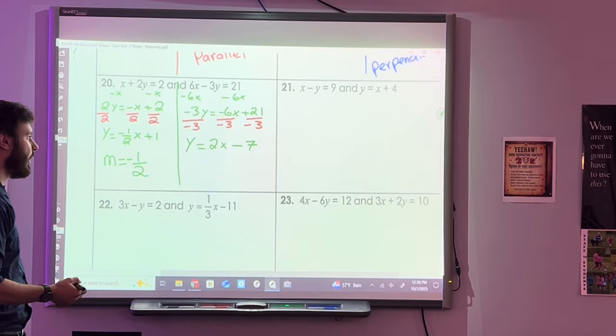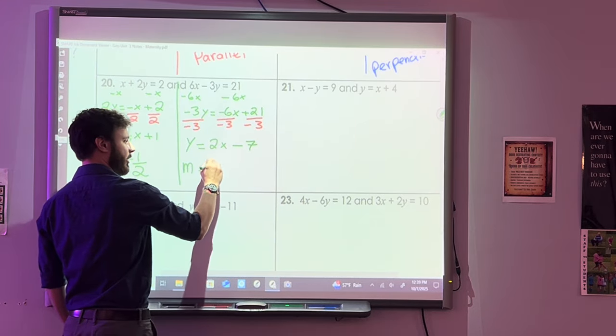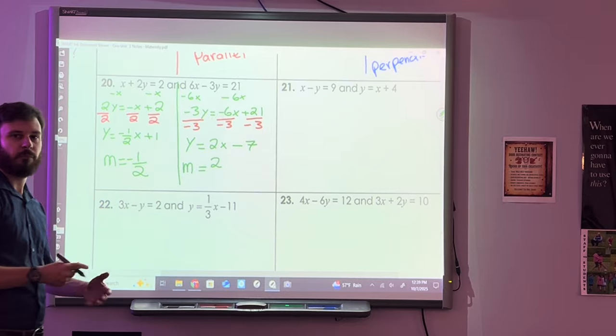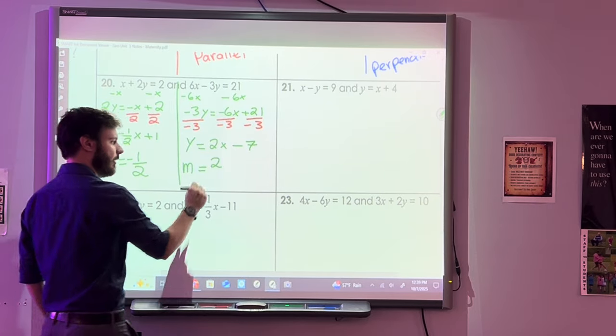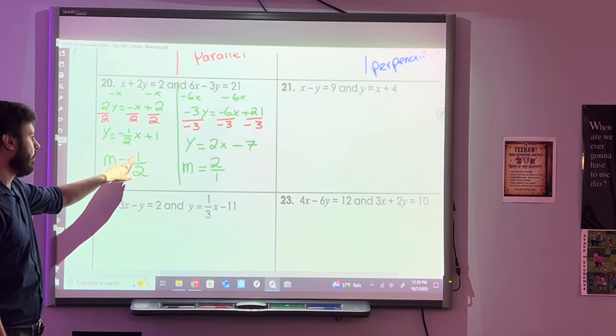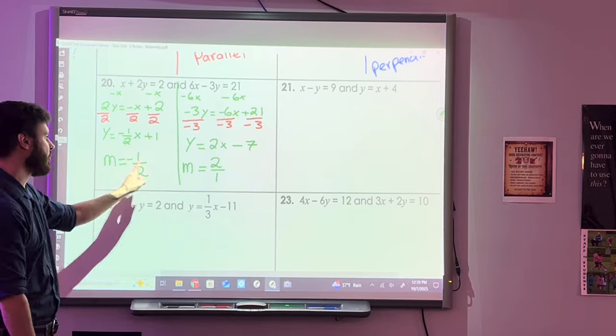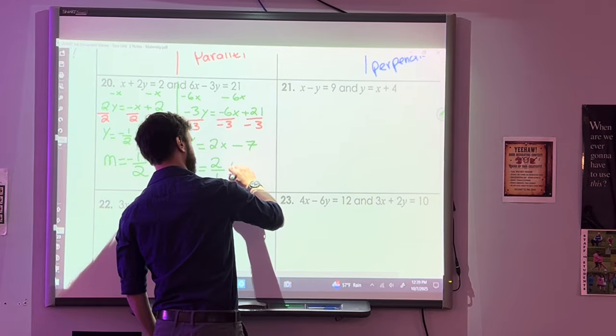Okay, well I gotta compare the slope here. The slope is whatever is attached to the x. It's a 2. But underneath every whole number is a secret invisible 1. So let's compare. 1 over 2, 2 over 1. Okay, so I have that flip. And one's negative, one's positive. This is perpendicular.